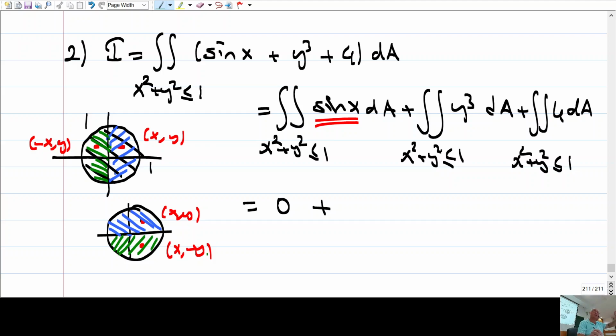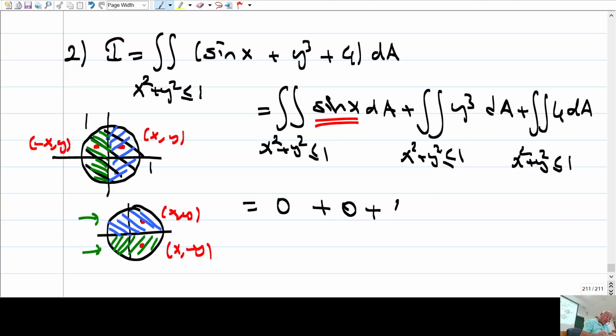Therefore, the integral over this piece and this piece will have the same magnitude but opposite signs. Therefore, the sum again will be 0.